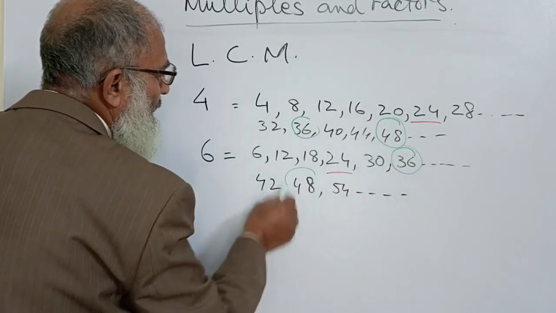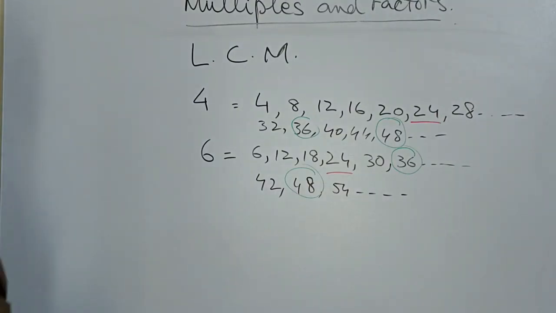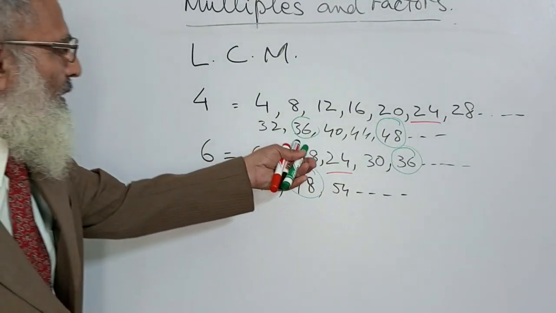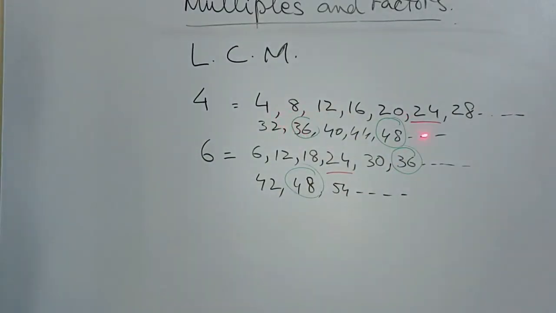We have two in fact here, 36 and 36, 48 and 48, but these are not the lowest common multiples. The only lowest common multiple is the common multiple which comes at the very first stage, and that is only 24.